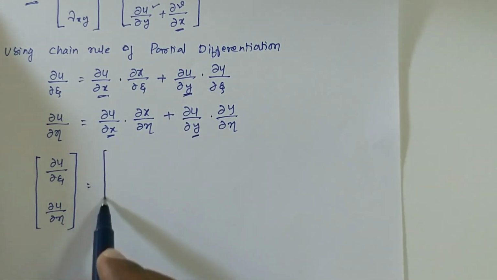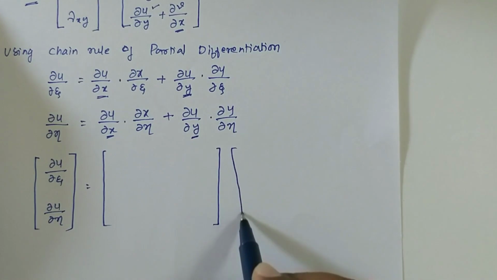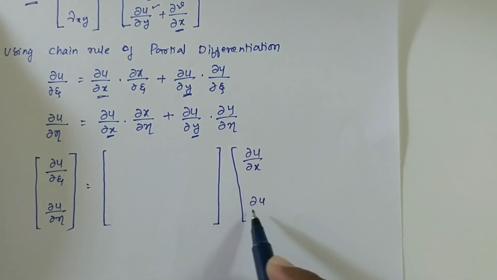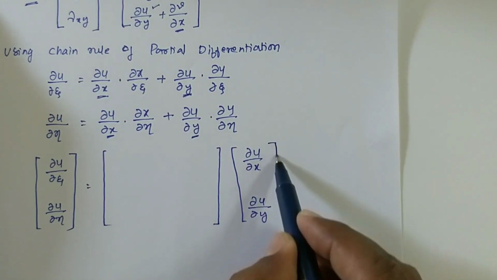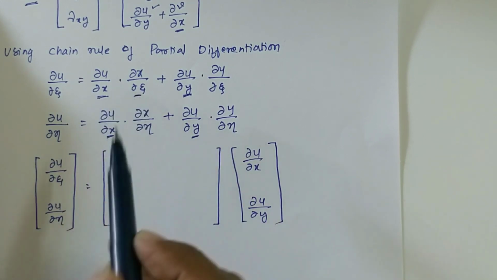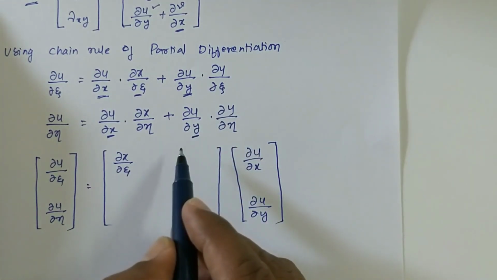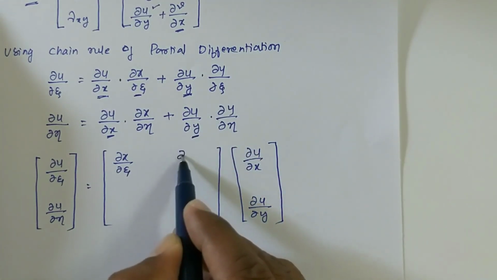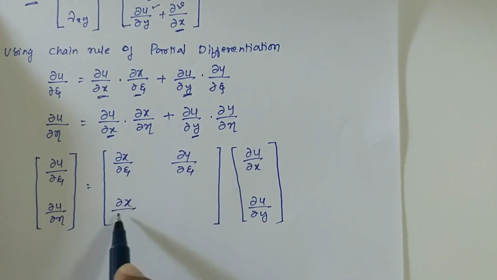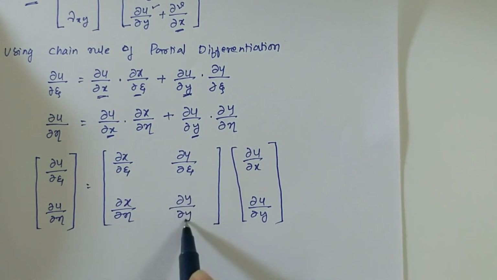So we keep dou u by dou x and dou u by dou y outside, and if you take out dou u by dou x in this equation, we will be left with dou x by dou zeta, and here dou y by dou zeta, and in the next equation dou x by dou eta and dou y by dou eta.